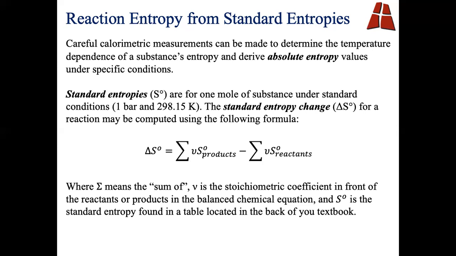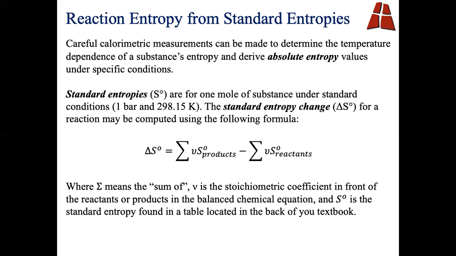So in a balanced chemical reaction, any stoichiometric coefficient that is not a 1 would of course need to be multiplied by whatever the standard entropy is for a particular chemical substance. And that value can be found in one of the appendices, I believe Appendix G in your textbook. Okay, and so feel free to check those values out. Also, those are not values you would need to memorize. If you would need them, they would be provided for you on an exam.